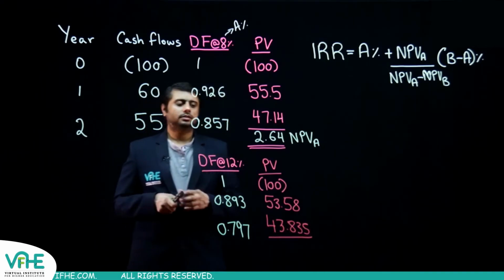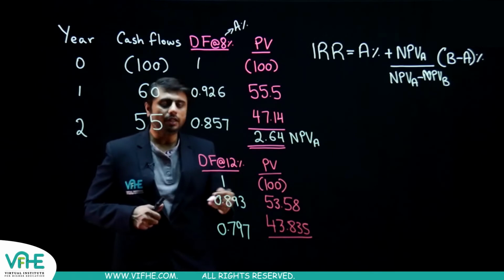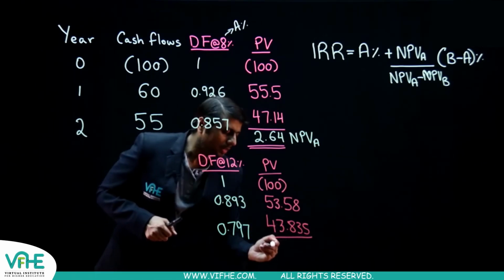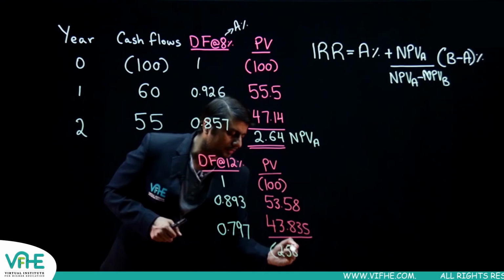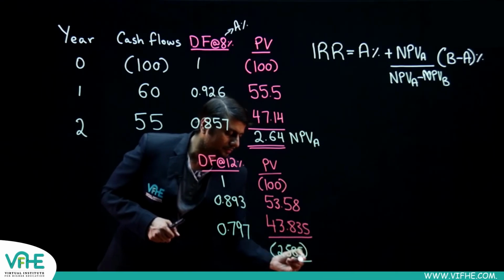Adding all these discounted cash flows together will give us somewhere around negative 2.585.